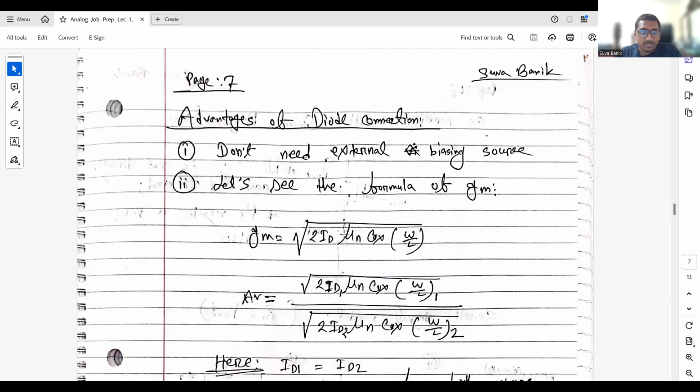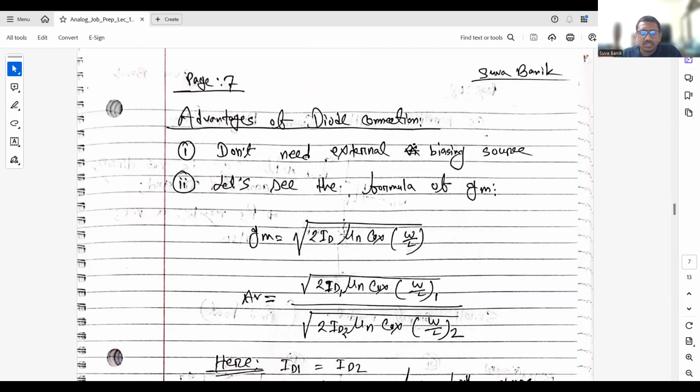So the advantage of diode connection is that we don't need any external biasing source. For example, in the previous circuit for the cascoding, you can see that there is an external biasing point for our PMOS or NMOS to take the transistor into the saturation region.